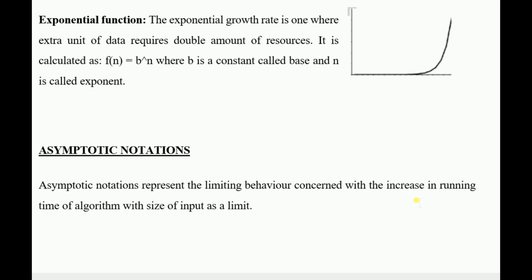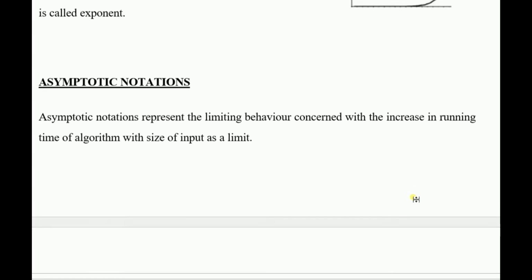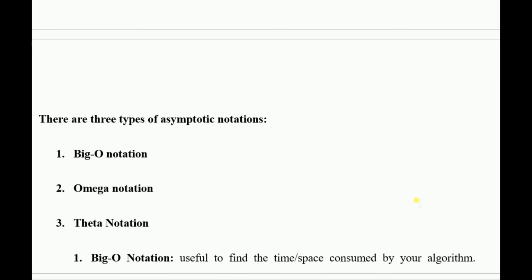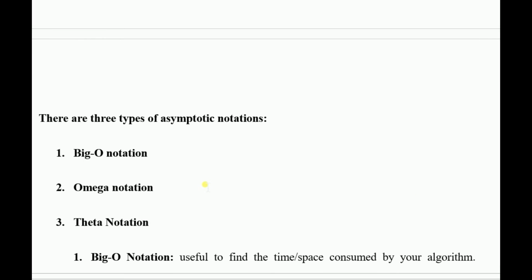Next one is asymptotic notations. Asymptotic notation represents the limiting behavior concerned with the increase in runtime of an algorithm with the size of input as a limit. There are three types of asymptotic notations: big O notation, omega notation, and theta notation.